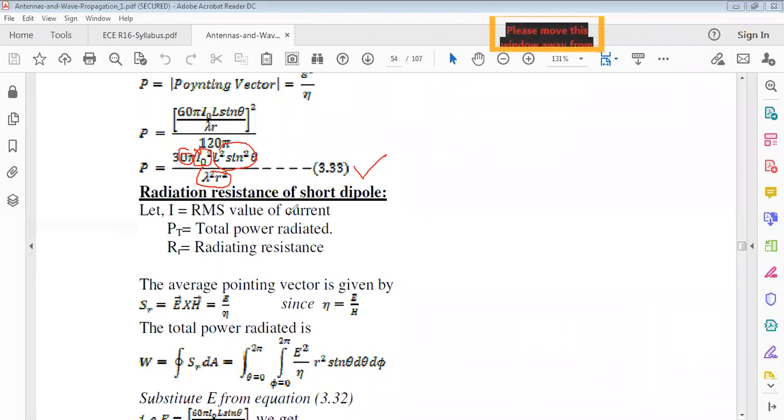I equals the RMS value of the current. Already you know what is meant by RMS value: root mean square current. The current passing through the wire is not directly the average value; that is the RMS value.